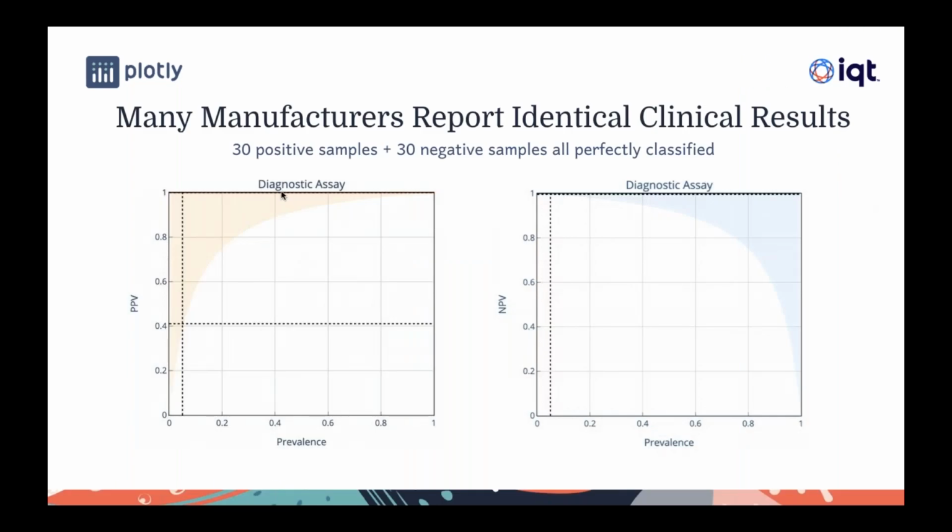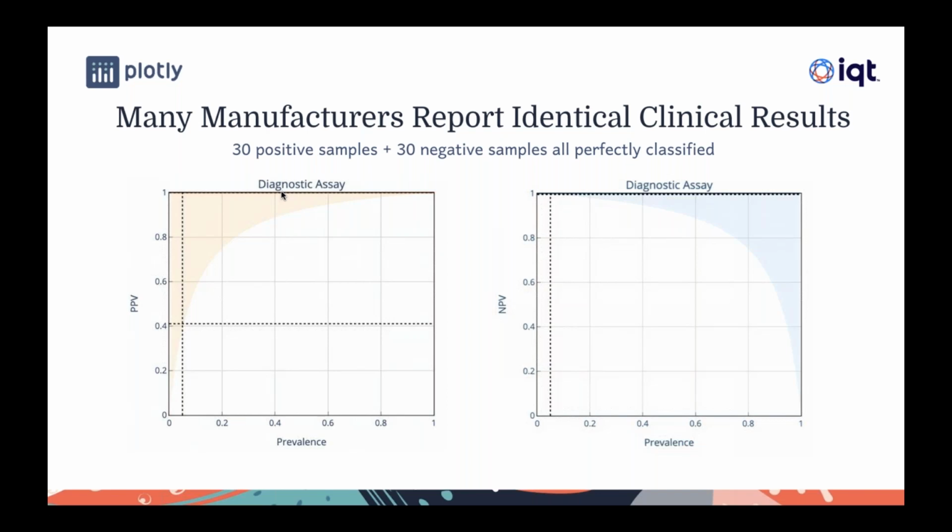So if you go to click through the demo or the app, and you start searching through all the tests, you're going to start seeing a lot of pictures of positive and negative predictive value, like what's up here in the slide.